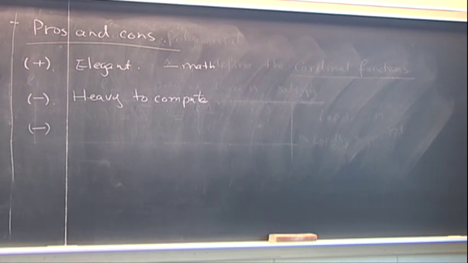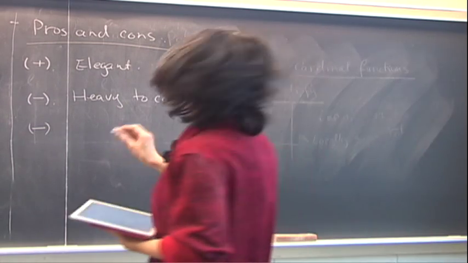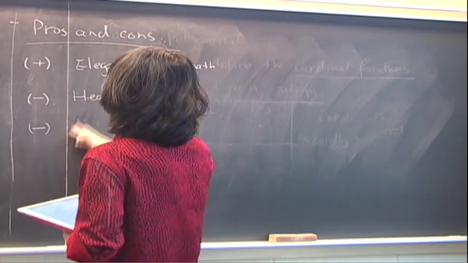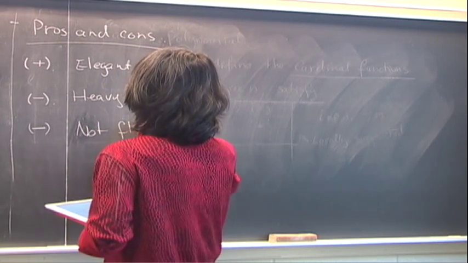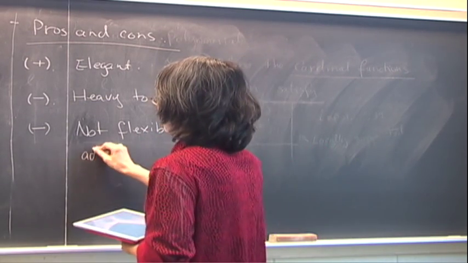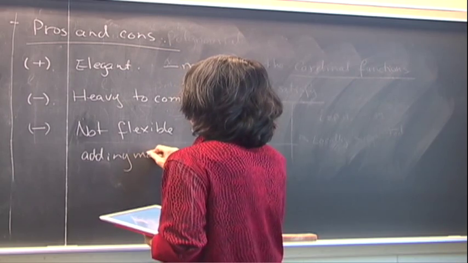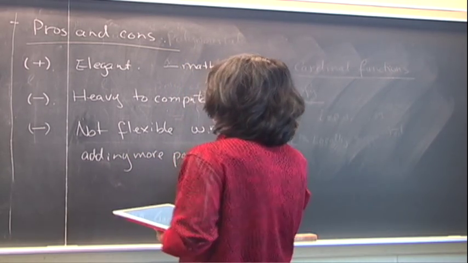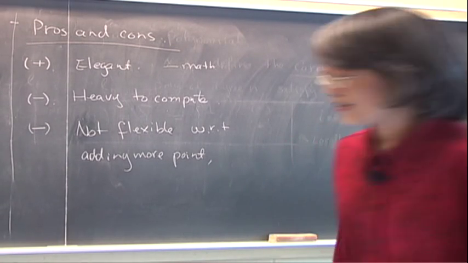So I want some method that can allow me this flexibility by adding extra points, but not having to redo the computation all over again, but I could save what I already have and just modify on that. That's flexibility, right? Does it offer such flexibility? No, we're so critical. Not flexible. What does it mean with respect to adding more points, right? If you just add 1 point, you have to do it all over. Not nice. Okay.